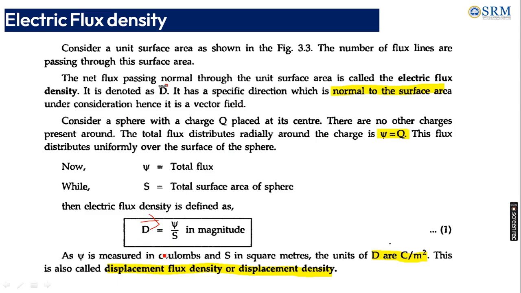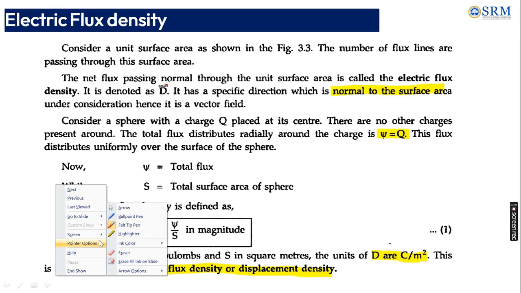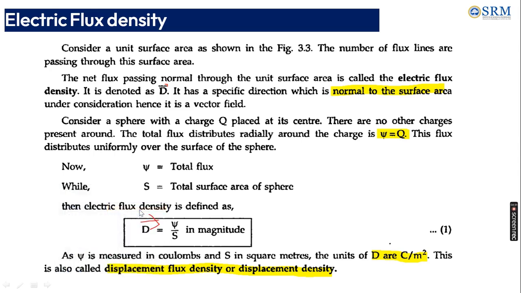So how can I denote the unit of this electric flux density? Since the flux has a unit of charge and surface area is in meter square, I can define it by coulomb per meter square. This electric flux density is otherwise called displacement flux density or displacement density.